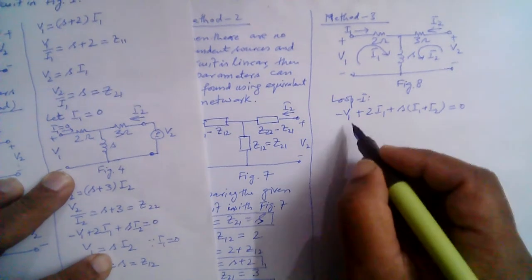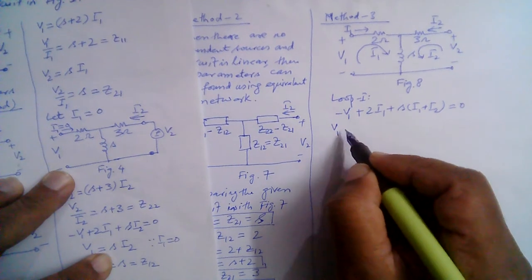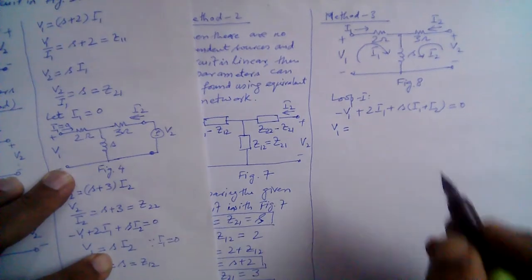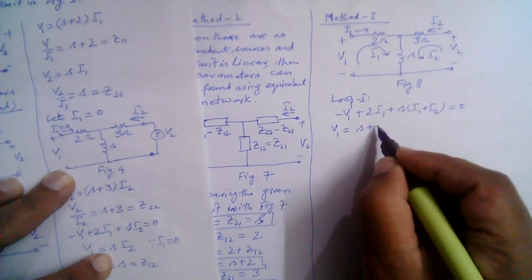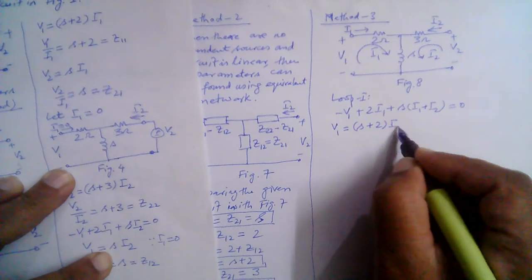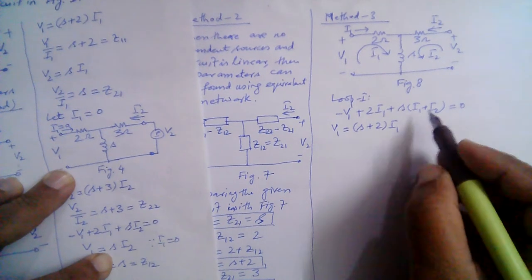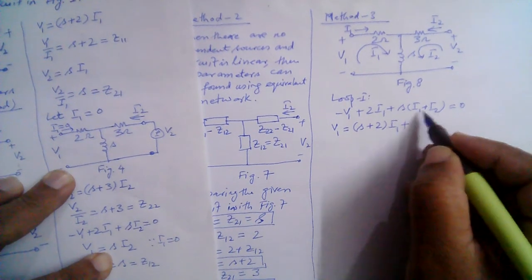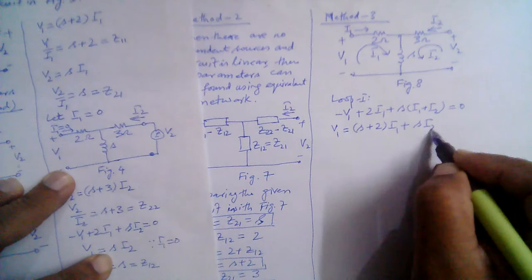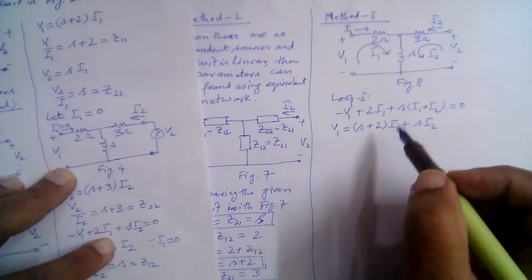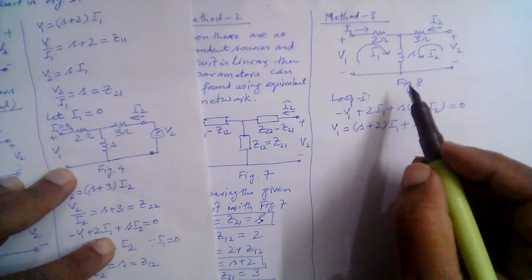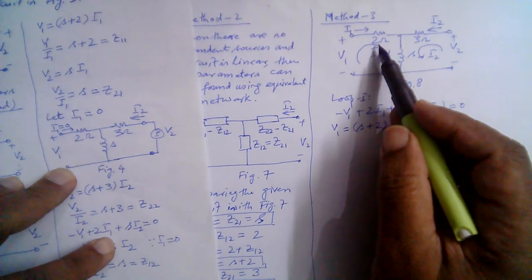And we can write it down like this: V1 is equal to, so this is S plus 2 I1, and then we can write S I2. If we try to write this equation by inspection, we arrive at the same equation.